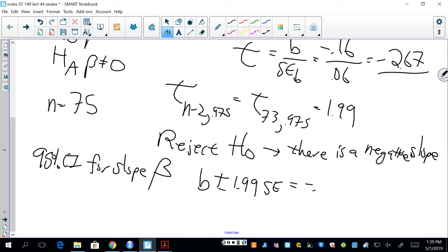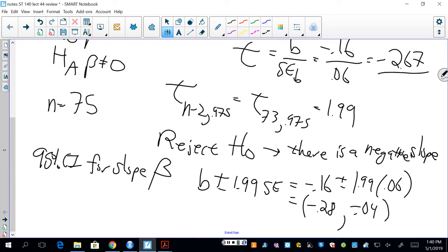So it's negative 0.16 plus or minus 1.99, and the standard error was 0.06. 1.99 is about 2, and 2 times this is 0.12. So if you subtract 0.12, it's negative 0.28, and then up to negative 0.04. That would be a 95% confidence interval for the slope, right?